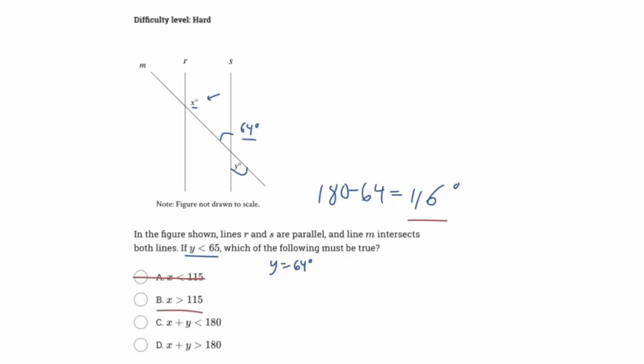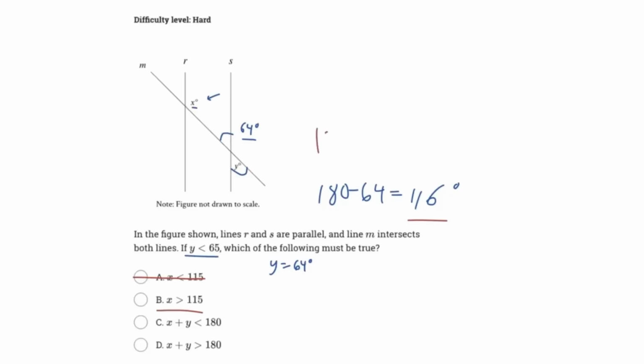B says X has to be greater than 115. Is that true? Well, we know that the biggest value of Y that we can have is not even 65, because it can't be equivalent to it. It would have to be like 64.999.